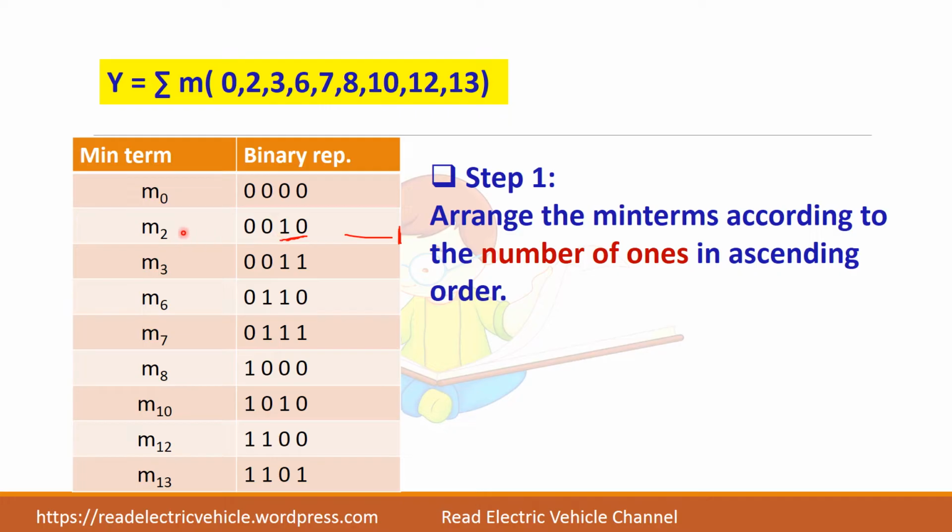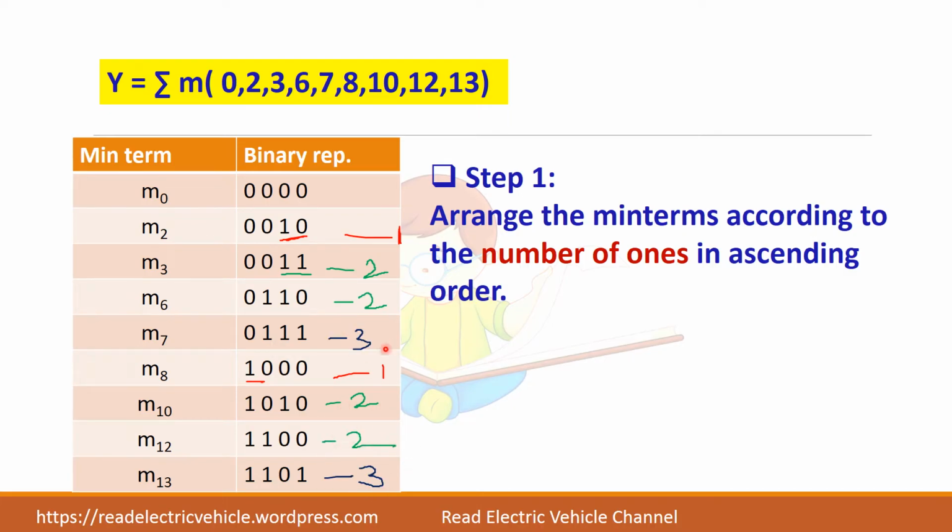This M2 has only a single one. Again, if you see M3, it has 2. Then you come to M8, it has 1. So these two have only single ones. Then this has 2 ones, this has 2, this has 2 ones, and this also 2 ones.